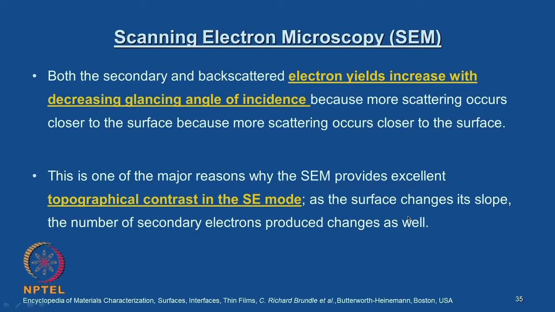I just mentioned why only these two signals, BSE and SE, are widely used in SEM. That is because only these two signals vary as the surface modulation or surface slope changes, very sensitive to the surface unevenness.